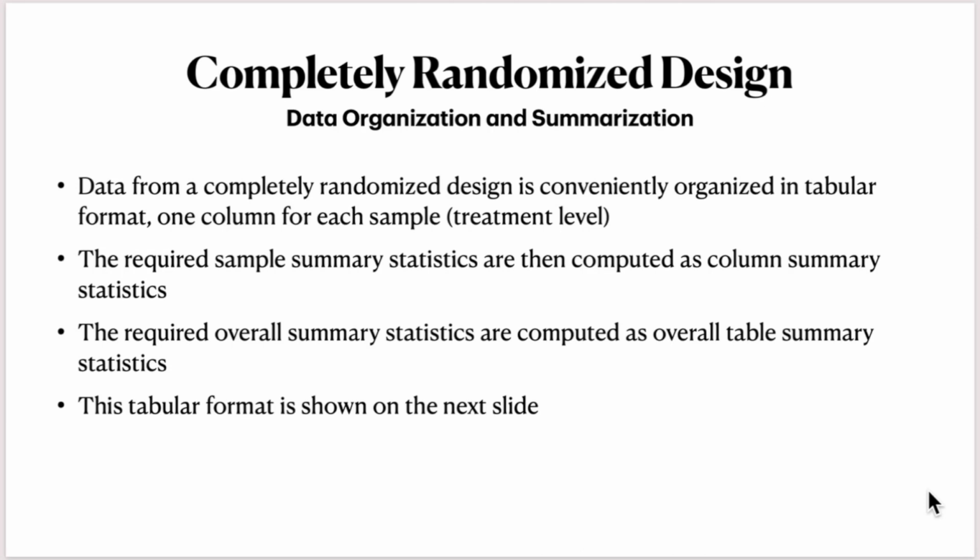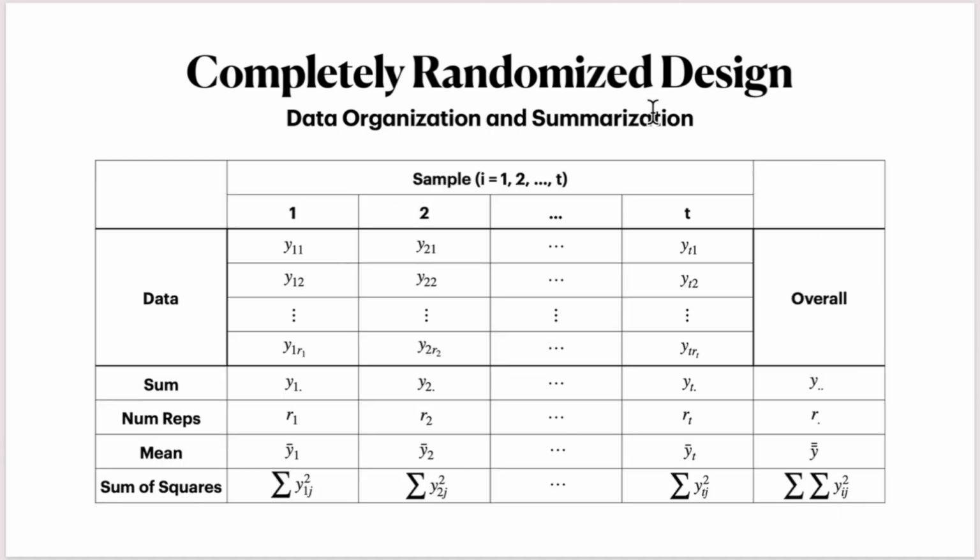The required overall summary statistics are computed as overall table summary statistics. The required summary statistics that we've just been discussing are very easily calculated when we organize the data in the correct way. So let's take a look at what that organization looks like.